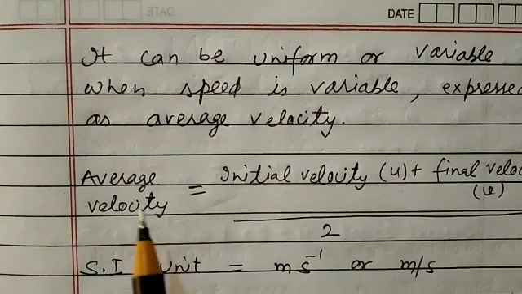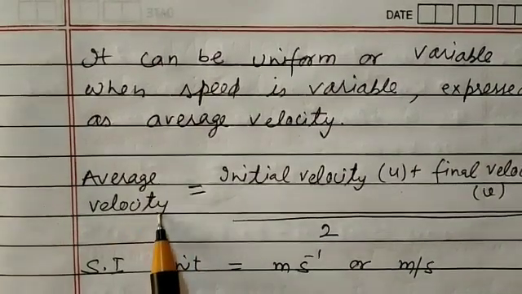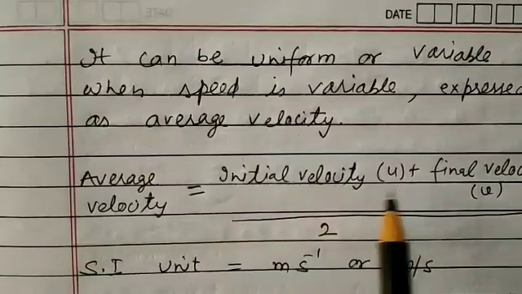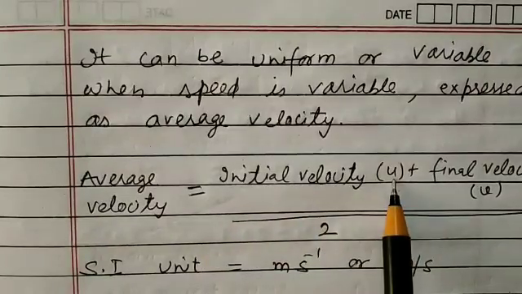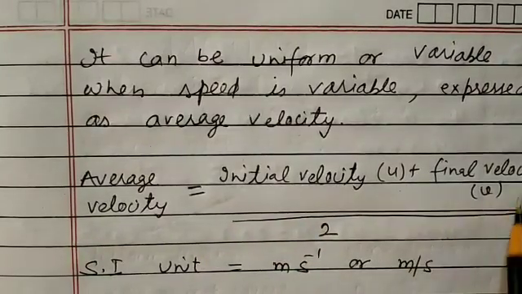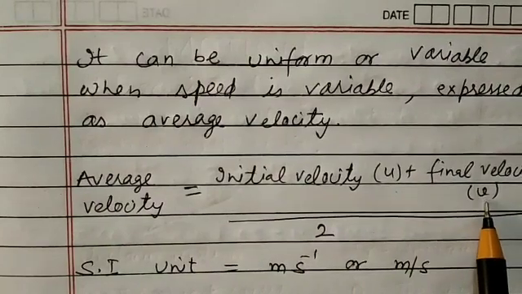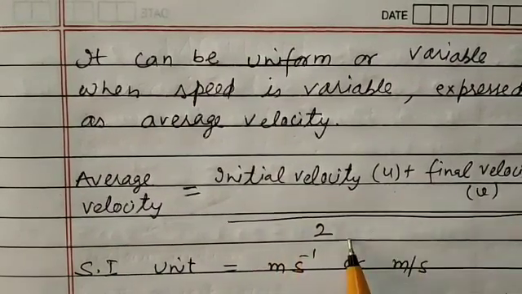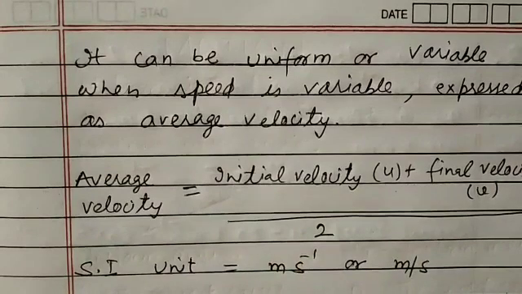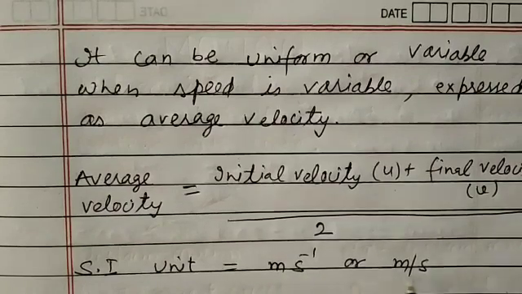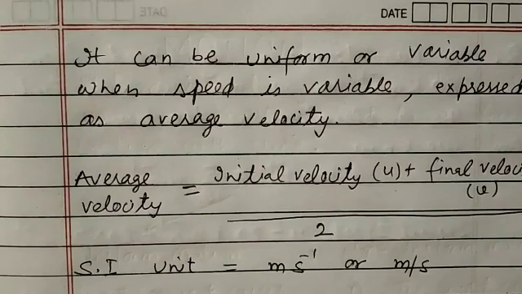The formula for average velocity is equal to initial velocity, represented by small u, plus final velocity, represented by small v, divided by 2. The SI unit for average velocity is meter per second, the same as that of speed.